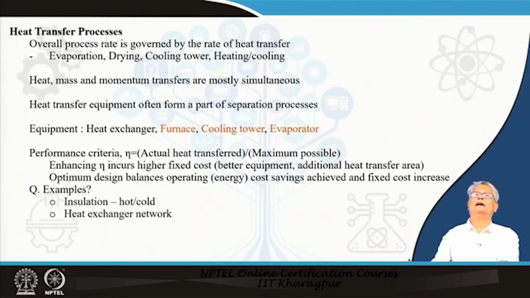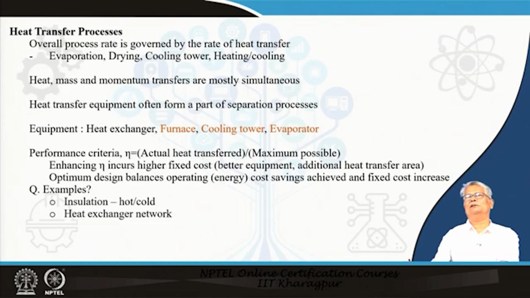Similarly, we have evaporators for concentrating inorganic solutions, or sometimes organic even, but very common is your caustic soda evaporation, which is done in multiple stage evaporation, and more heat we supply, faster is the removal of water from that particular solution, and that decides the rate.